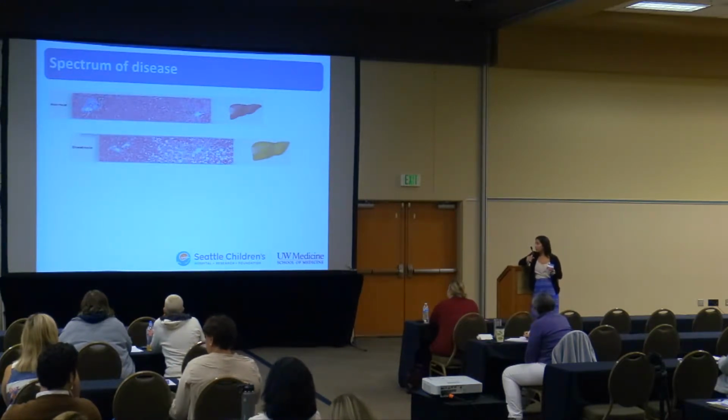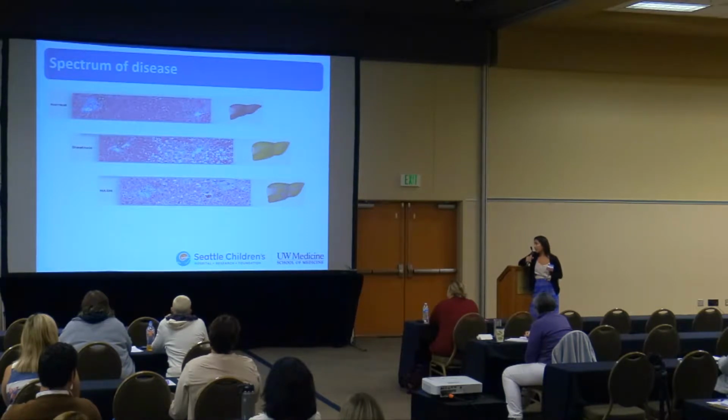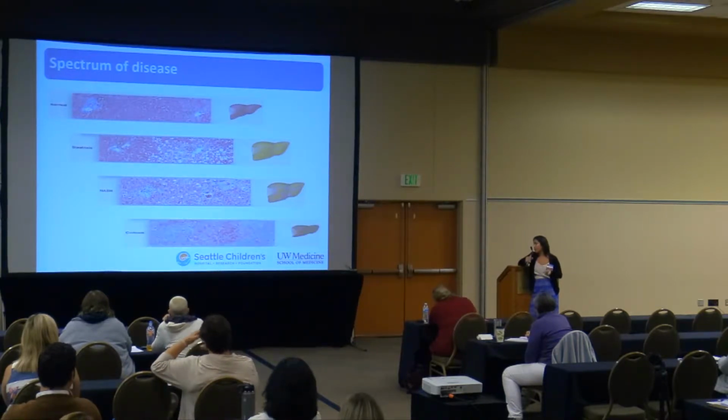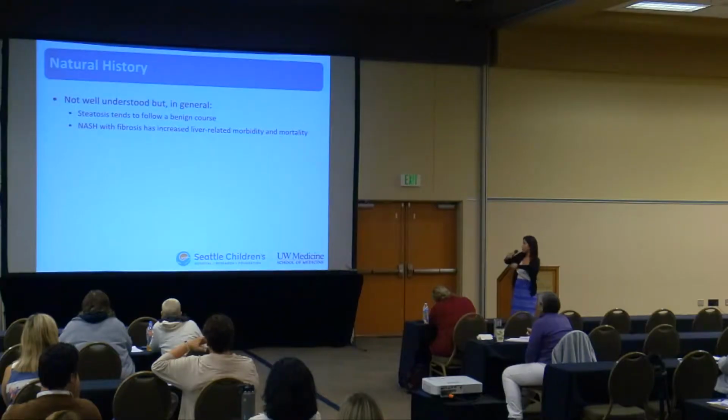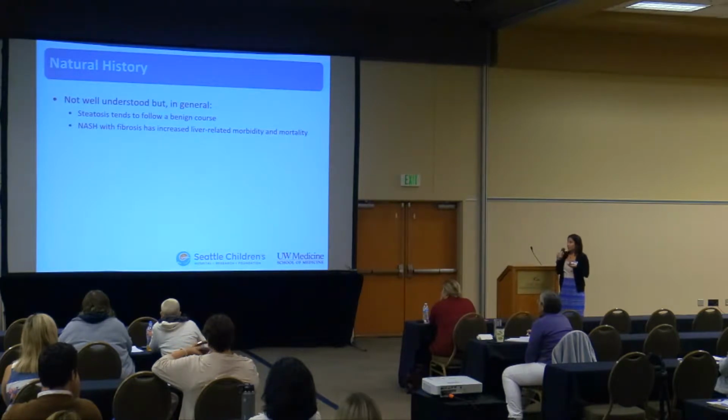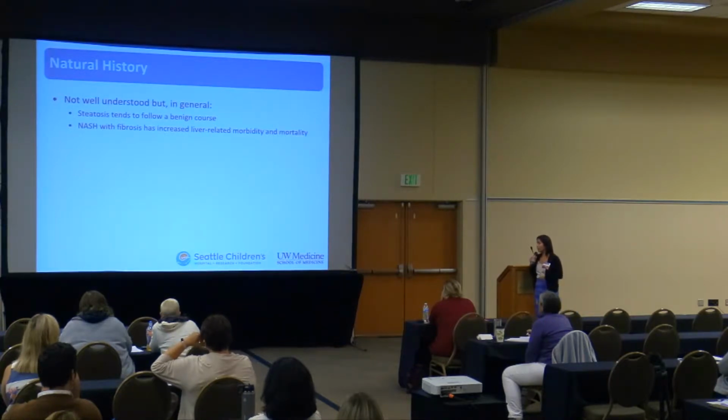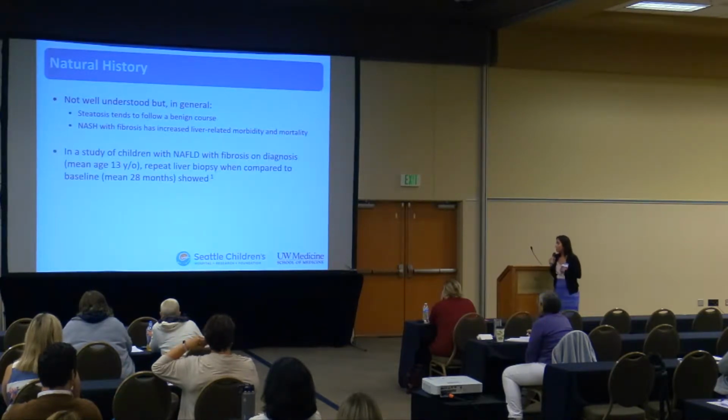You start with a normal liver, you add fat, you add inflammation. Once you're in NASH, pretty much you're going to go all the way down to cirrhosis, which is really scary for us hepatologists. We don't know what tilts the balance from bland steatosis to NASH. But once you have NASH, your liver-related morbidity and mortality goes up.